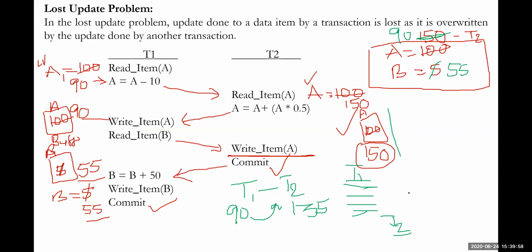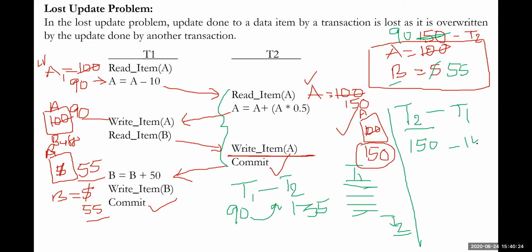Otherwise, transaction T2 followed by transaction T1. Now all four instructions of transaction T2 will be completed, then 100 will be read by this one. So finally, the value of A will be 150, and 150 minus 10 gives 140.